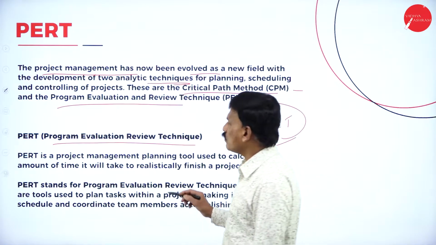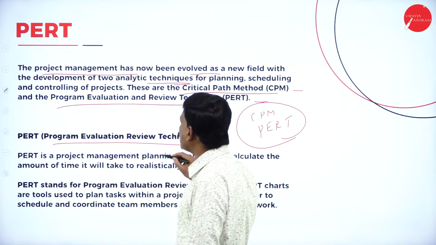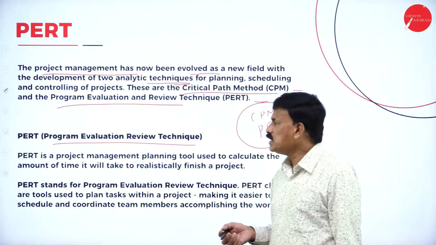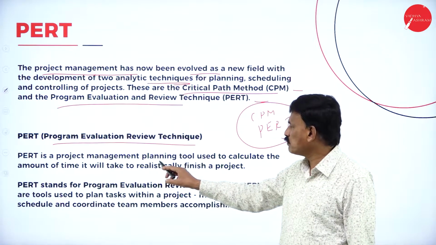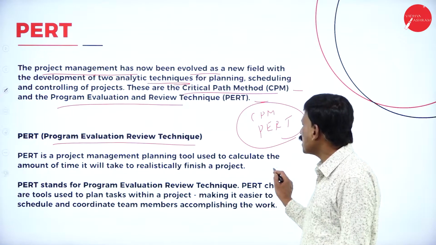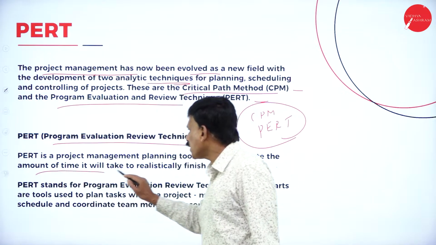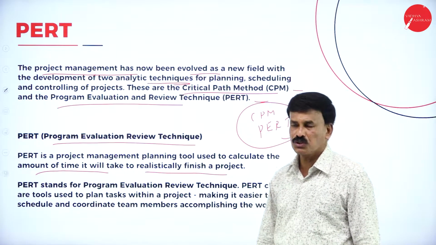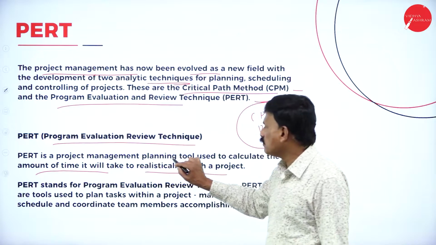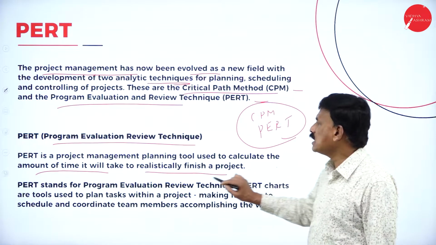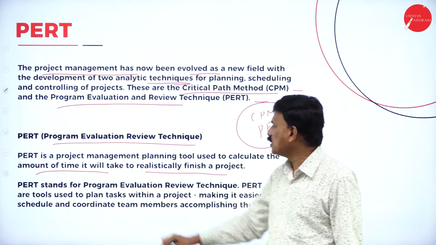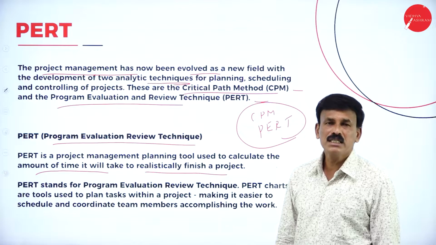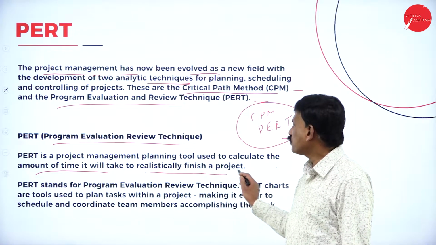Now, let me explain what is this Program Evaluation Review Technique. PERT is nothing but a project management planning tool used to calculate the amount of time it will take to realistically finish a project.